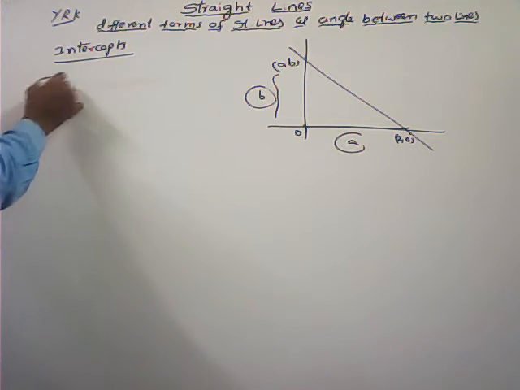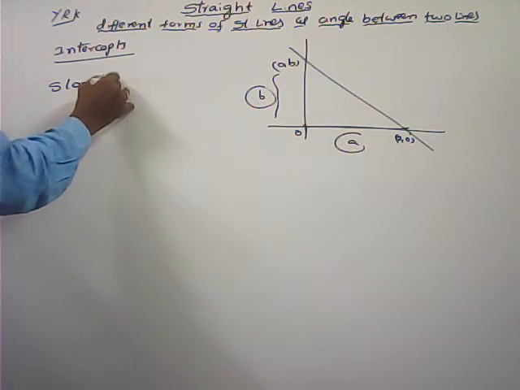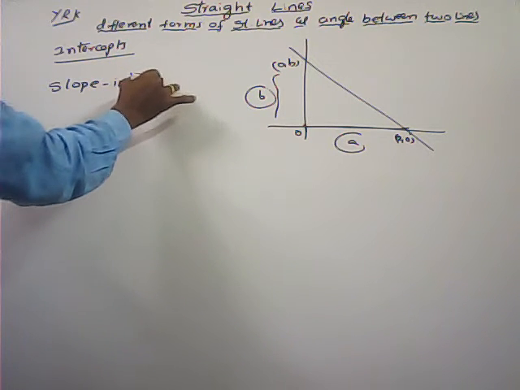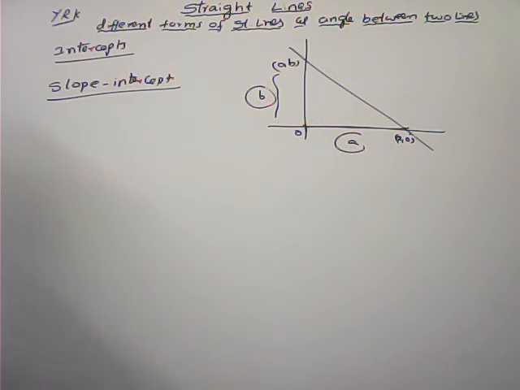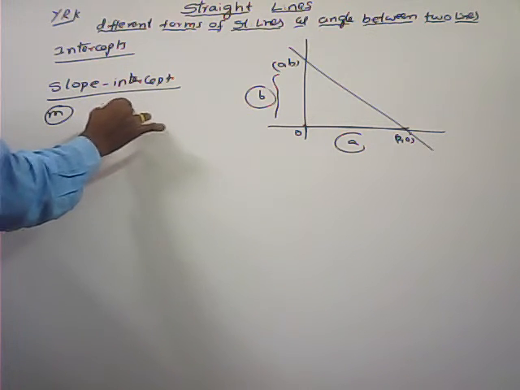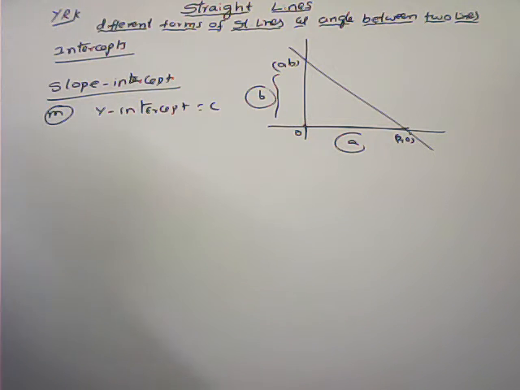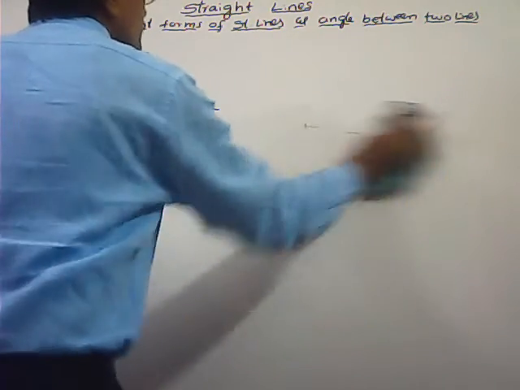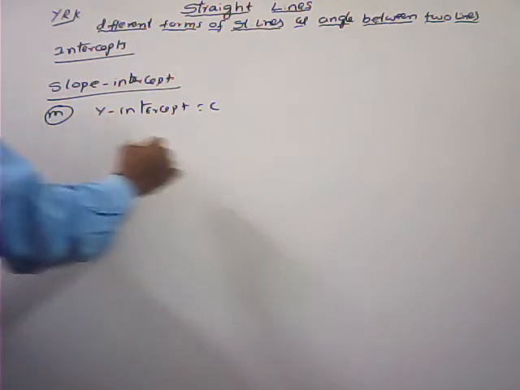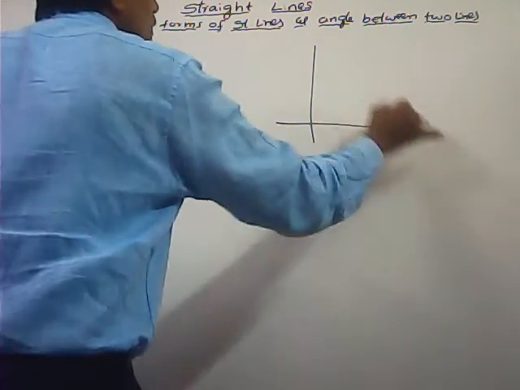Otherwise, first we can learn about the slope-intercept form. What is the slope-intercept form? m is the slope and the y-intercept c is given. Y-intercept and slope are given. How to find the equation of the line? Now here you can see, what is given?